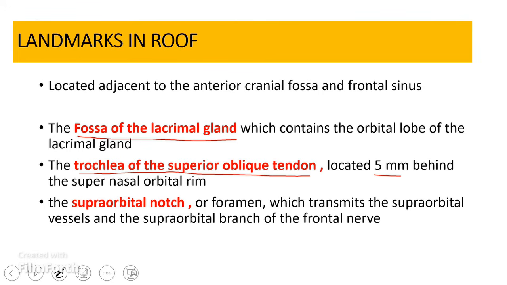I already have a video regarding the superior oblique muscle, in which I explained the trochlea in detail. The third important landmark is the supraorbital notch or foramen, which will transmit the supraorbital vessels and the supraorbital branch of the frontal nerve. This third landmark also becomes important when you give a superior block or the superior peribulbar block.